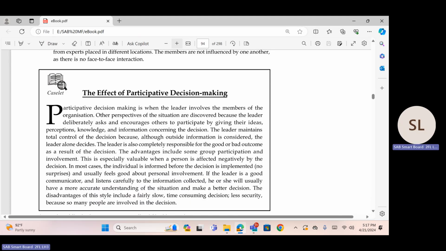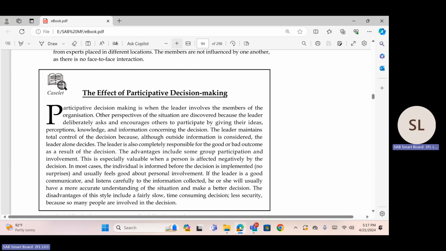This is a small instructive case to know about the importance of having participative decision making, team decision making. Participative decision making is when the leader involves the members of the organization. But we did not see that in that case.